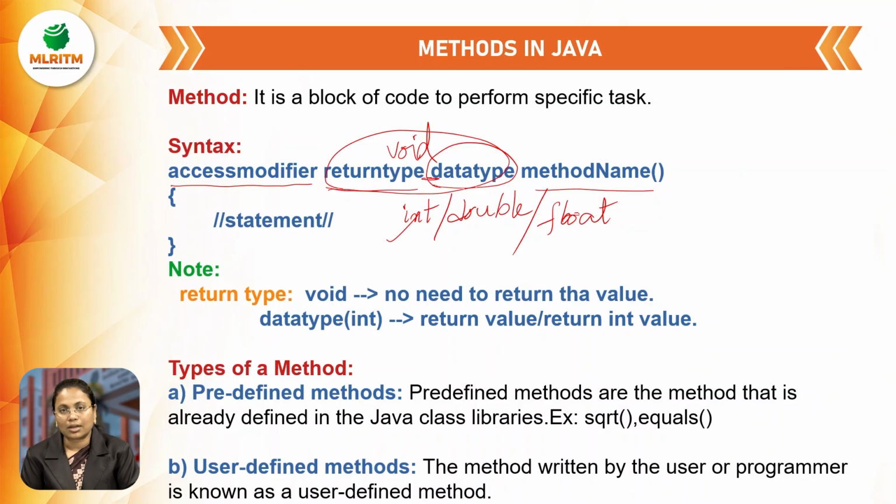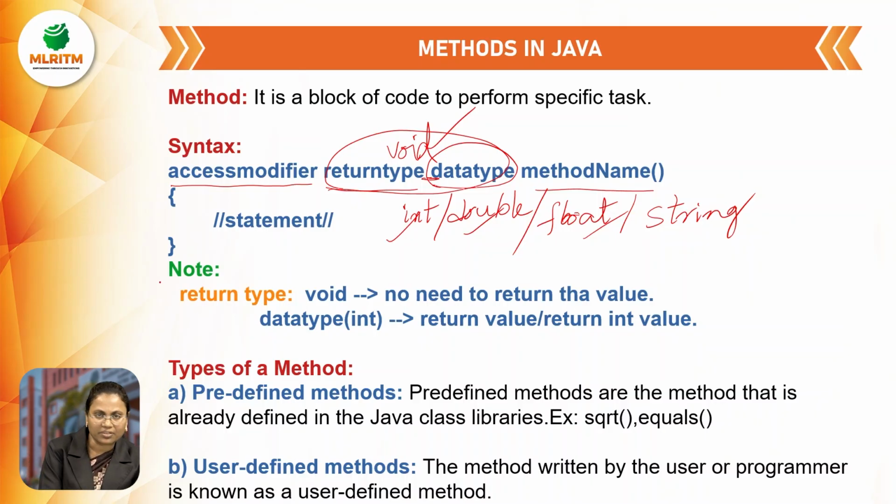If I want to return a double value like 10.5, 10.8, you should use the double return type. If I want to return a float value, I should use float. If I want to return a group of characters like a name, you should use the String return type. Or if you don't want to return any value, you should choose void as the return type.